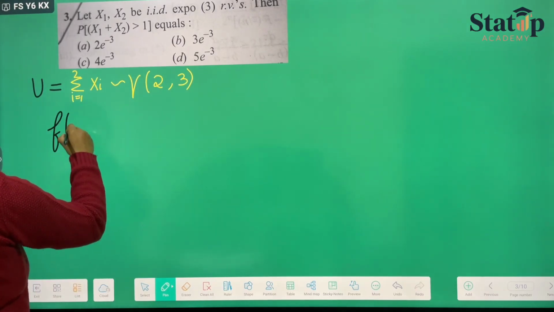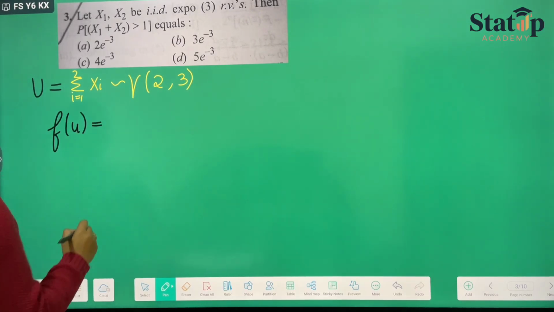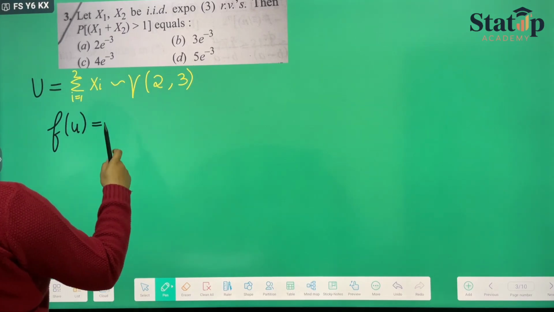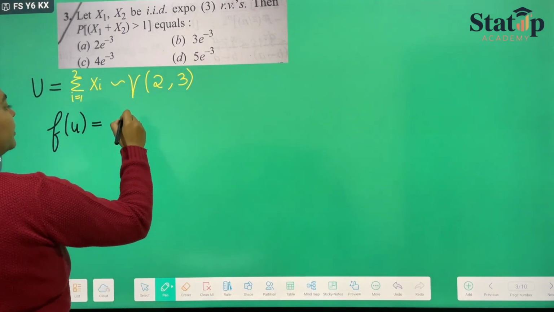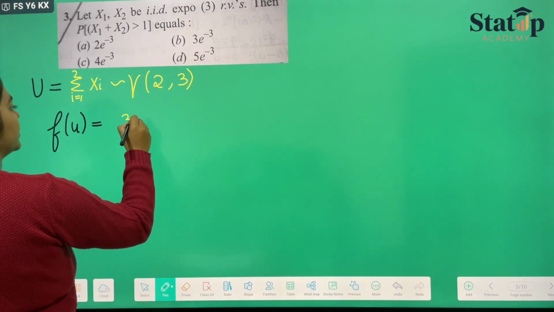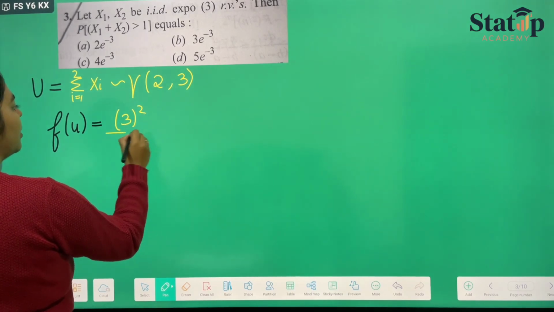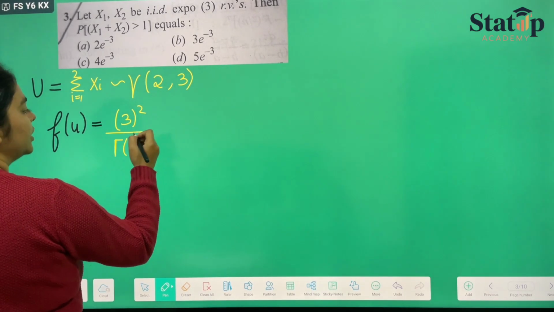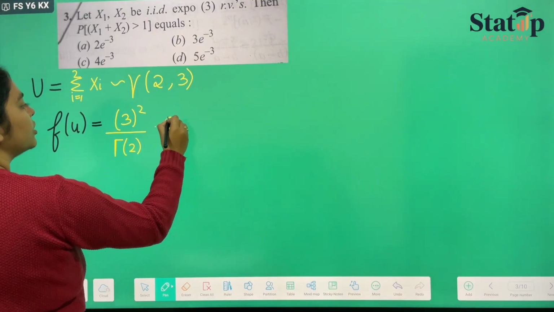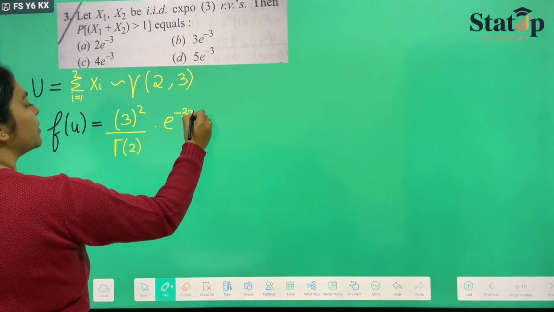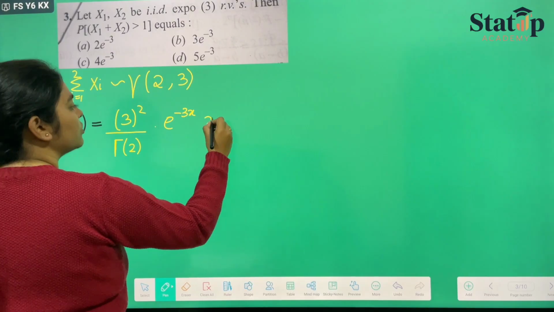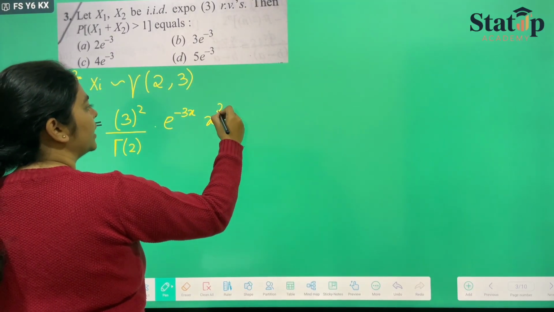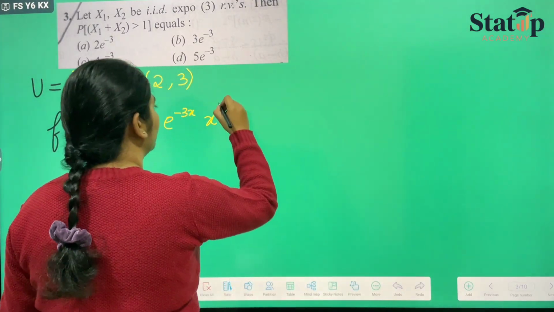Now f of u, which is PDF of u, will be equal to beta raised to the power lambda, which is 3 raised to the power 2 upon gamma lambda, which is gamma 2, and e raised to the power minus beta x, which is minus 3x, and x raised to the power lambda minus 1, 2 minus 1 will be equal to 1.